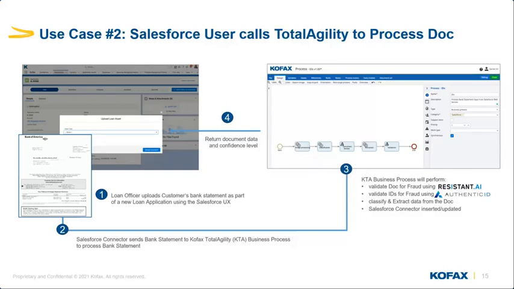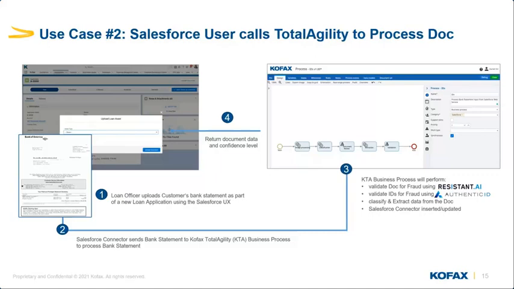So the loan officer can upload whatever document they received from the customer. Again, the connector will then send it over to KTA to process, and then KTA will update that same task for both sides of the table to see. And again, we can extract the fraud results using Resistant AI, one of our partners.